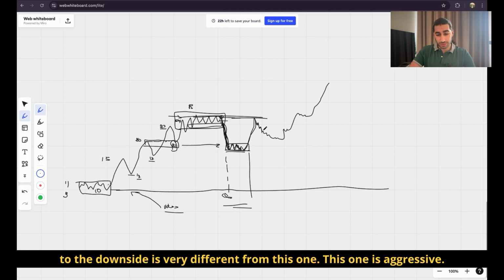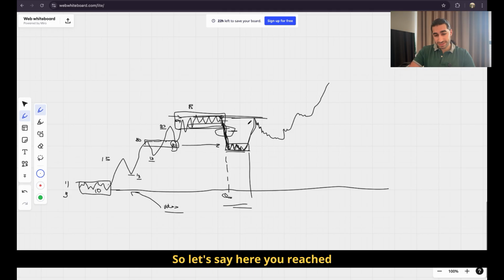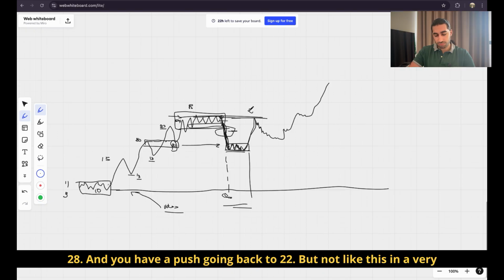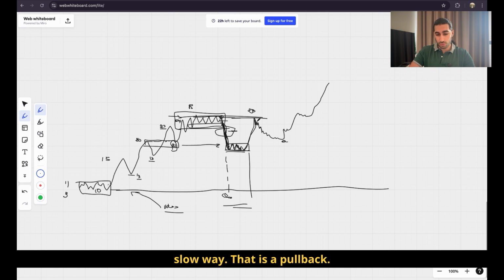However, this push to the downside is very different from this one. This one is aggressive. So let's say here you reached 28, and you have a push going back to 22, but not like this, in a very slow way.